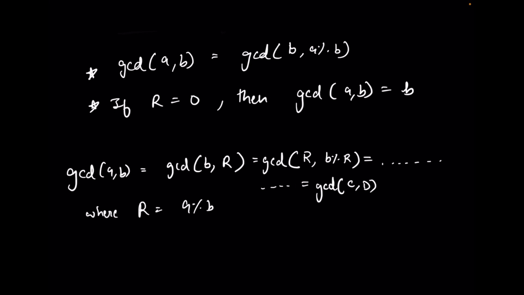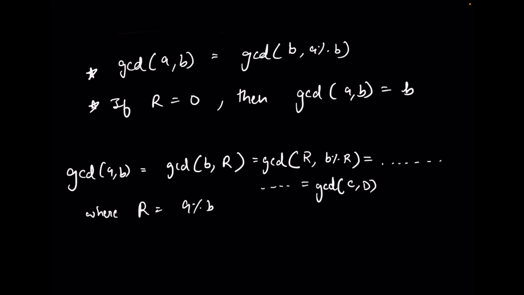So to make this a little more elegant, what we actually do is we stop the algorithm when our second number becomes 0. Instead of stopping it here, when we are asked to find GCD of C comma D, we'll just again use the first equation here blindly.